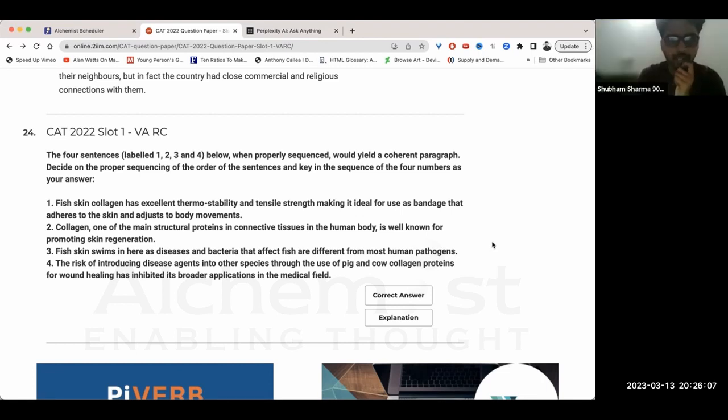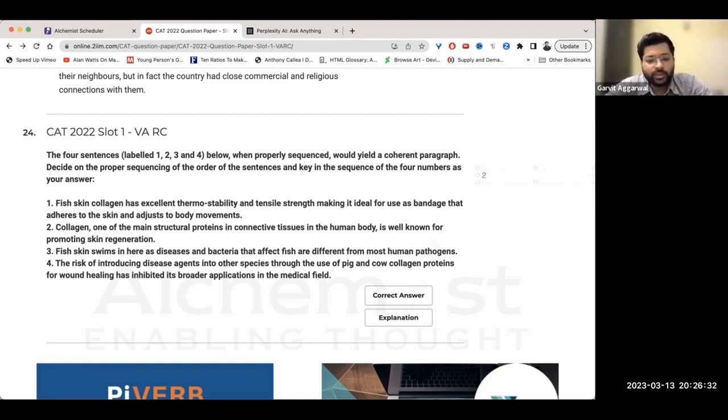About collagen and how it helps in skin regeneration, and the diseases also. डिजीजेस वगैरह की बात कर रहा है. फिर एनिमल कोलाजन की भी बात की है इसने, पिग, काउ, फिश, इन सब की, है ना. चलो तो इंट्रोडक्टरी सेंटेंस भैया, second one. सेकंड वन, इससे बेटर कोई नहीं.